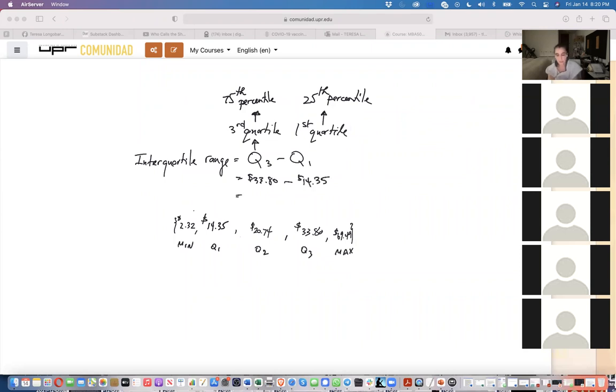What is the interquartile range? $19.45. Very good. 19.45. So this means that the middle data, the 50% in the middle, is spread out by 19.45, a range of $19.45.